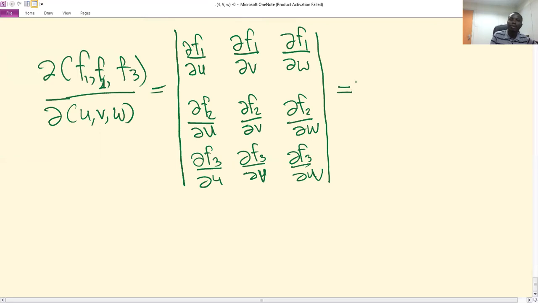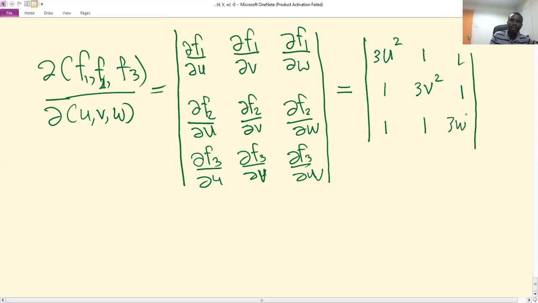Now, when you work out this from the functions f1, f2, f3, you should be able to get 3u squared, 1, 1, 1, 3v squared, 1, 1, 1, 3w squared.